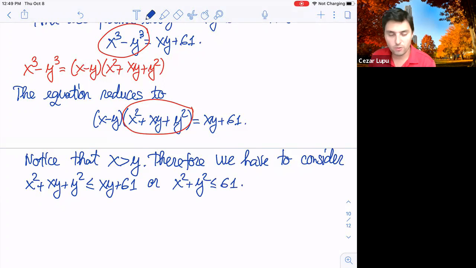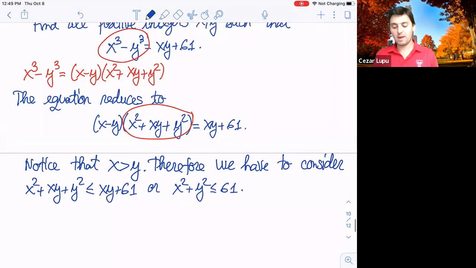So this is how we bound this equation. We try to think of some inequalities. Okay, so we have this.